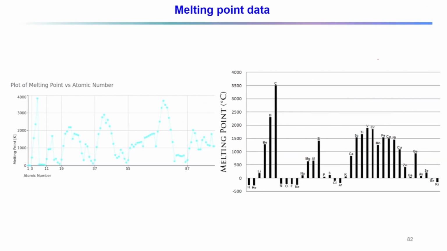Here you can see the atomic number versus melting point graph, and on the right hand side the same graph. The scale is different: this one is in Kelvin scale, and this one is in degree centigrade scale. From here we can see that carbon has the highest melting point.